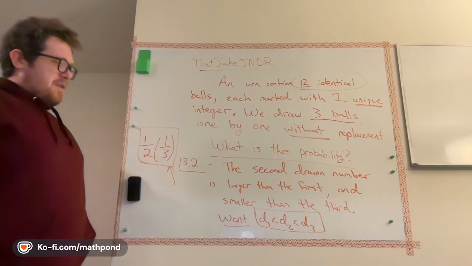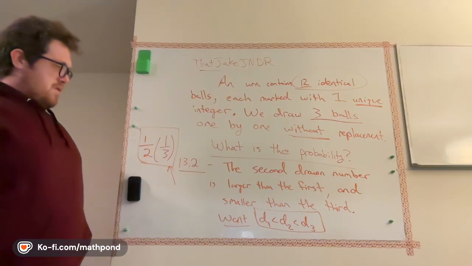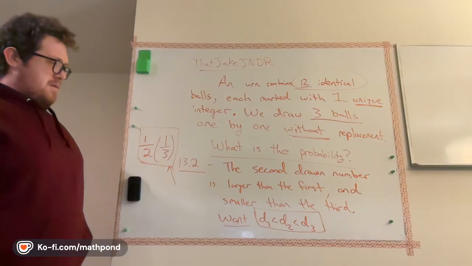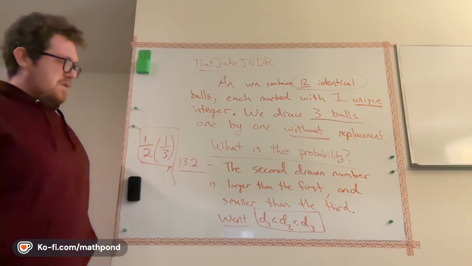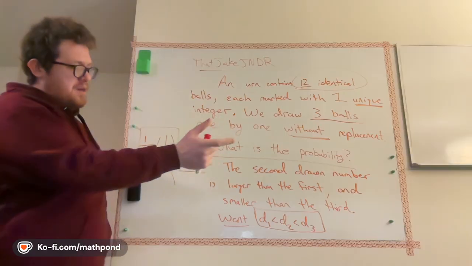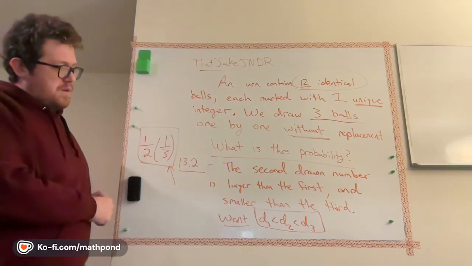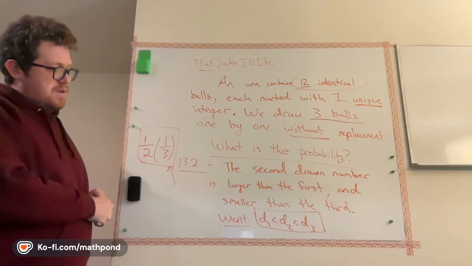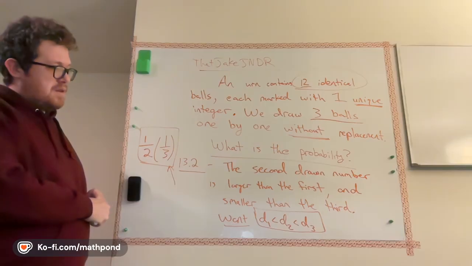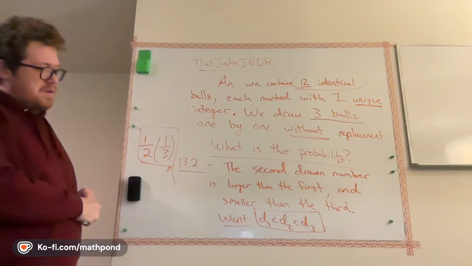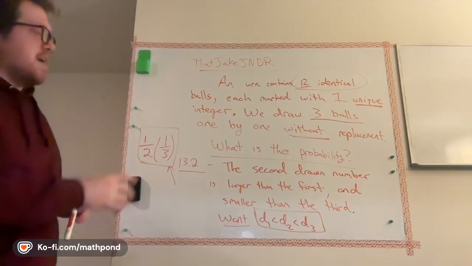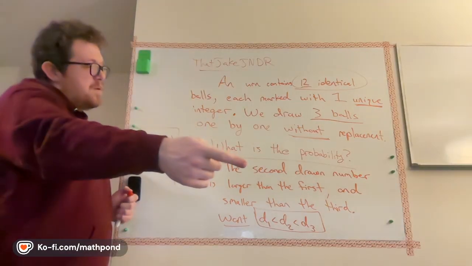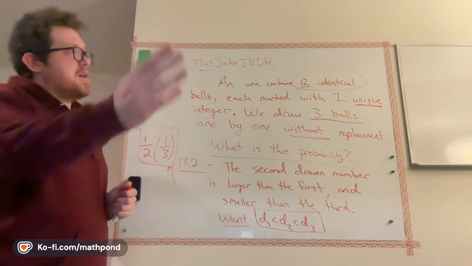Actually, does the 1/2 argument even work with 12? Maybe it doesn't, because your symmetry argument doesn't necessarily work, does it? Or no, I guess it does. Yeah, because either D1 is less than D2 or D2 is less than D1, and those have to add up to probability 1.